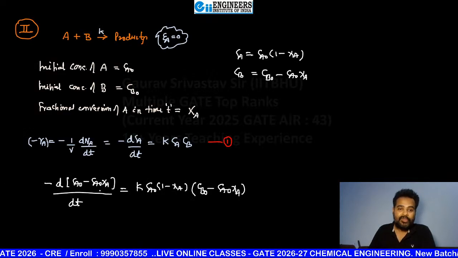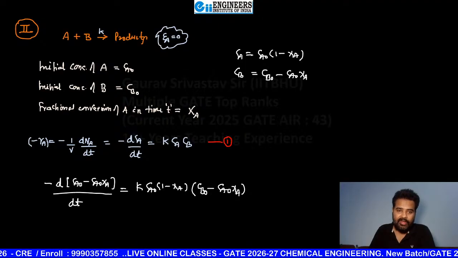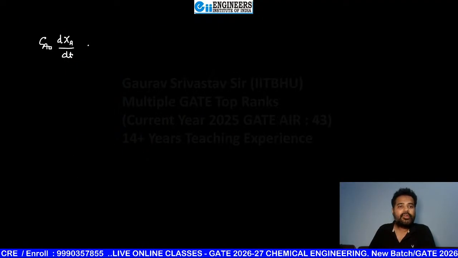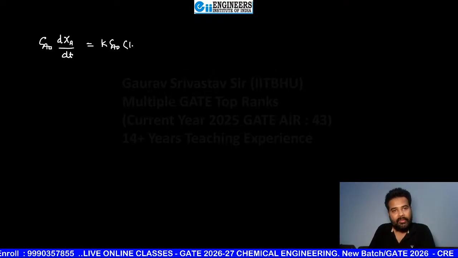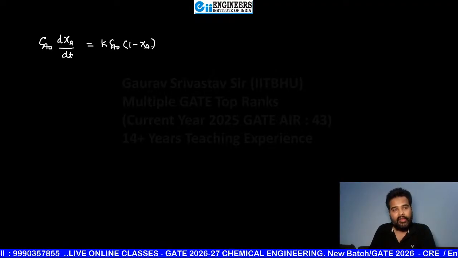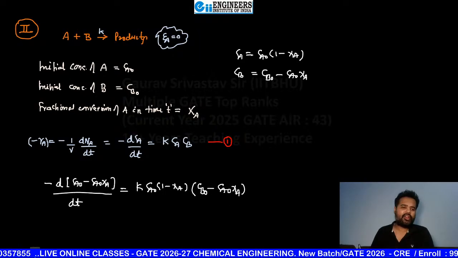Okay, this Ca is a variable term, Cb is a variable term. So here k Ca naught is equal to k Ca naught (1 minus xa), and here you can take Cb naught, Ca naught common.